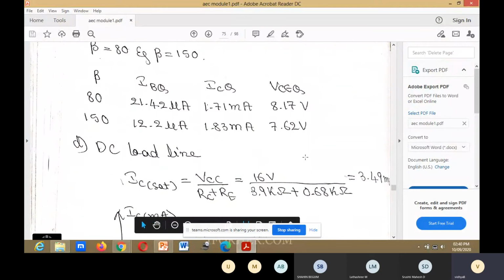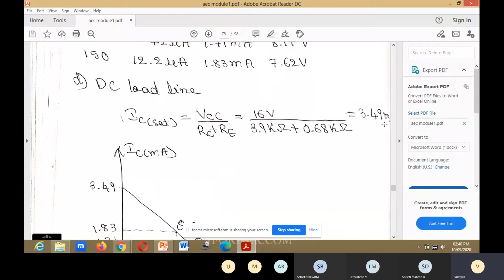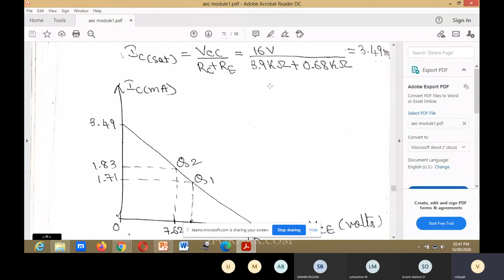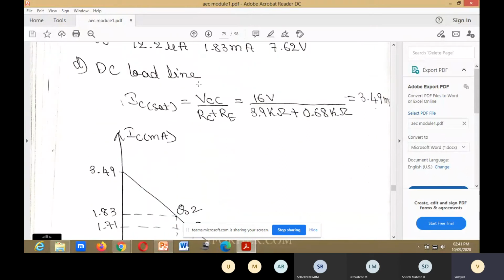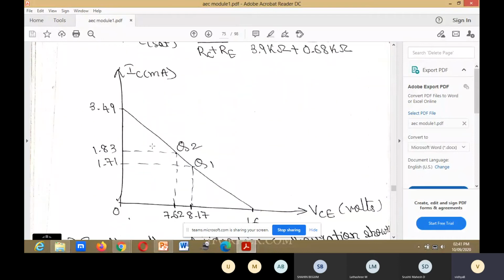IBQ, ICQ, VCEQ. Now the DC load line, IC saturation. IC saturation is equal to VCC divided by RC plus RE. That value you'll get is 3.49 milliamps. That we mark. Before going to the DC load line, first you need to find IC saturation, and only then draw it.